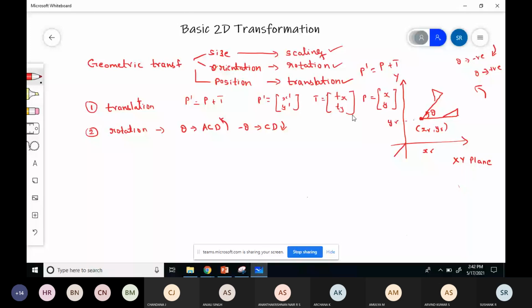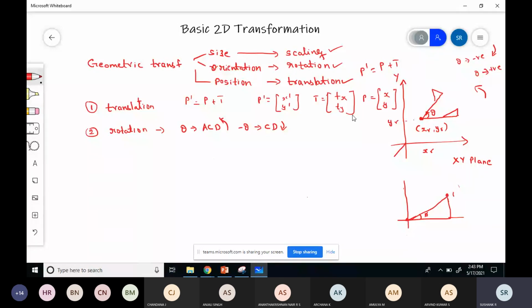For this, how to generate the equation? For example, initially we'll take it as the origin. From the origin we'll calculate the equation and then we can derive this equation. Initially the angle is, we'll call it phi.